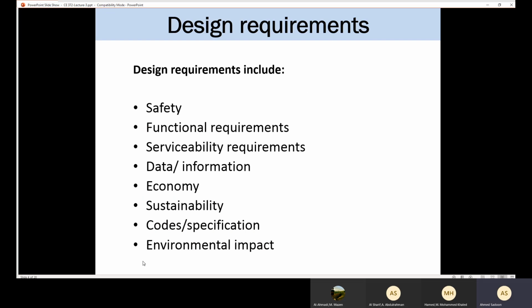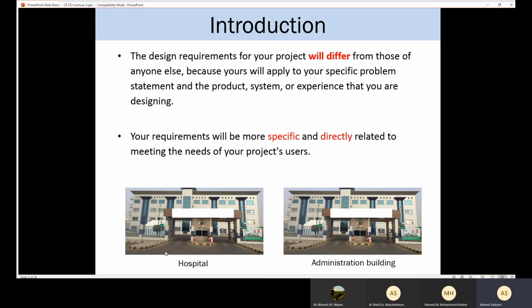Finally, we have the environmental impact. We need to know whether your solution is going to affect the environment or not. For instance, the hospital is going to discharge medical wastes, so I need to have a plan for how to deal with that.